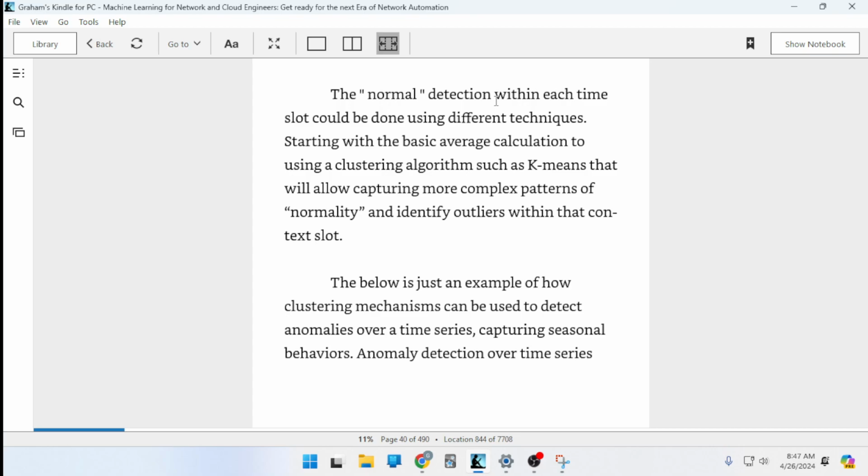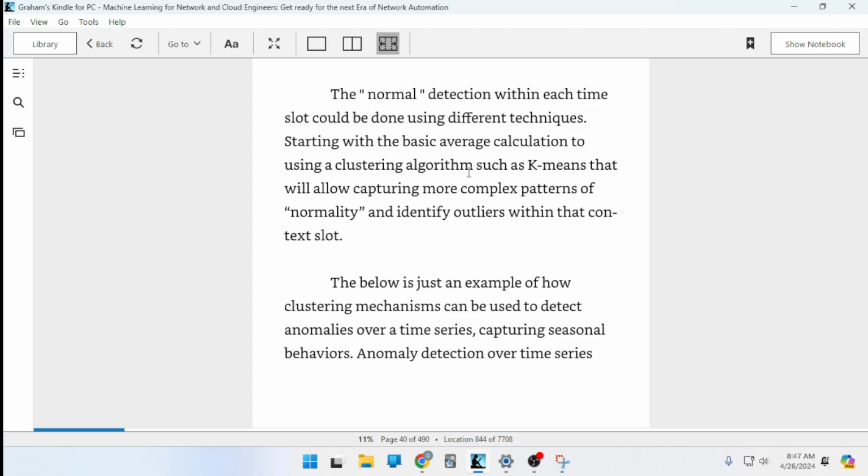The normal behavior within each time slot could be modeled using different techniques, starting with the basic average calculation to using a clustering algorithm such as k-means that will allow capturing more complex patterns of normality and identifying outliers within that context slot.